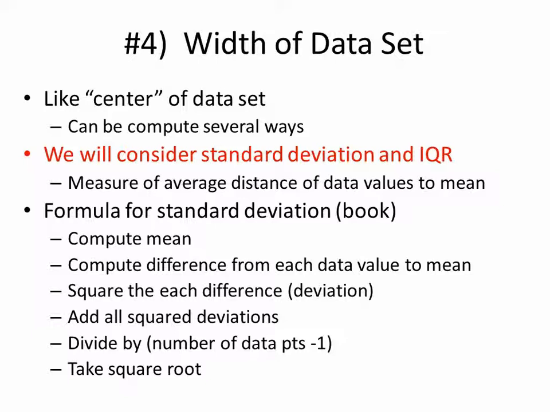The deviation is the difference from each data point to the mean. We're going to square those, add them up, divide by the number of data points minus 1, and take the square root. It's a nasty looking formula. Nobody likes it. But this is the standard deviation. And I'll go through some examples. It's not hard to do. There are some little things you have to be careful about.